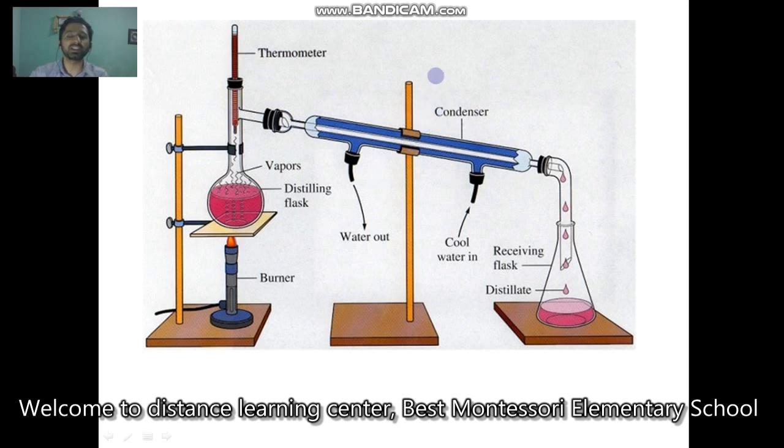There condensation, that is cooling of the vapor, happens. After cooling, it again becomes liquid and comes in here. That means the liquid present in the distillation flask moves to the receiving flask, and only the solid particles remain here. This is the very best process to separate a soluble solid from a liquid.